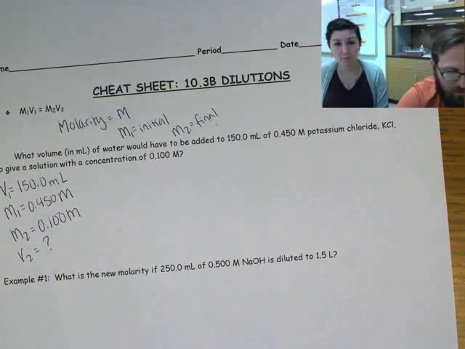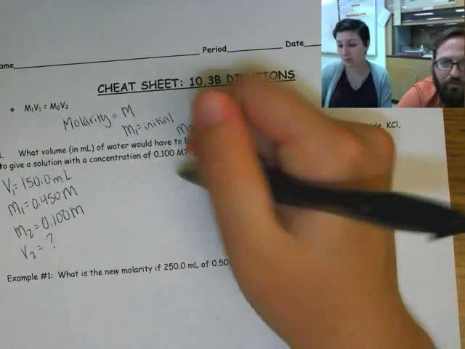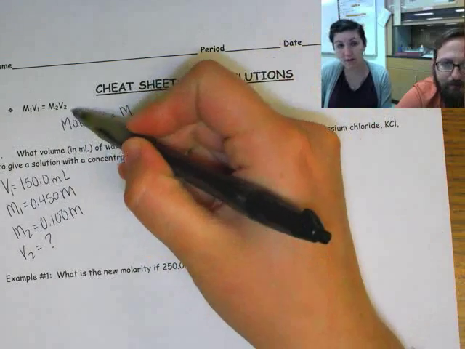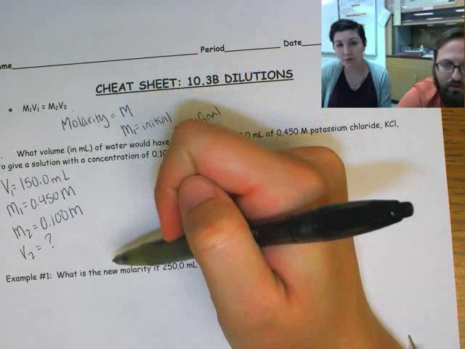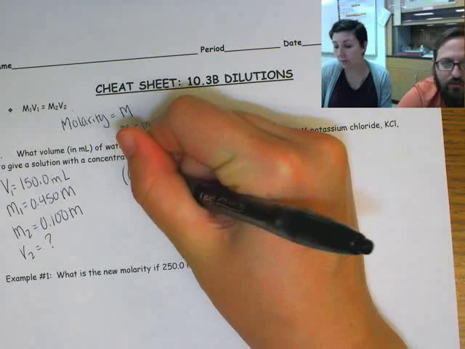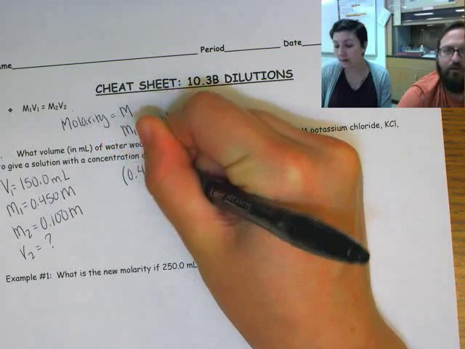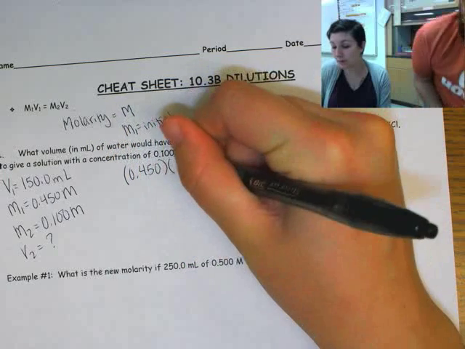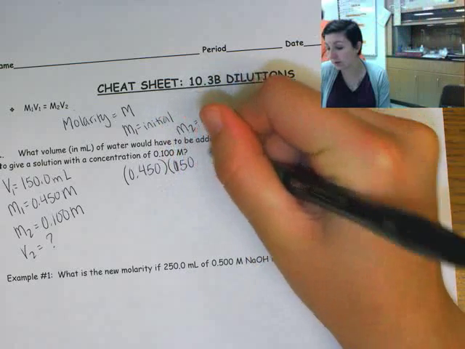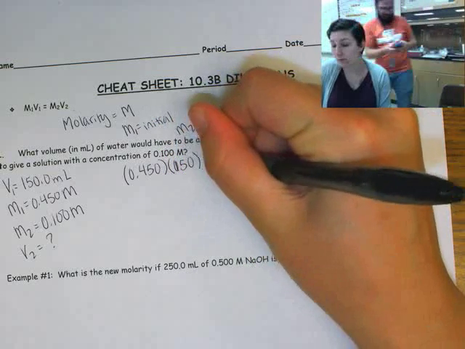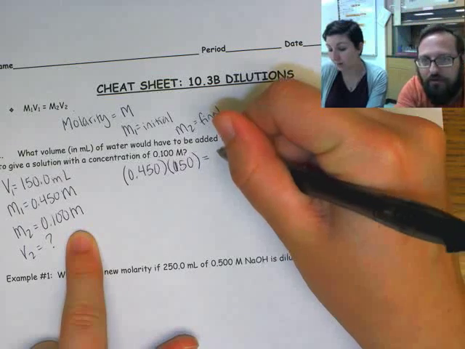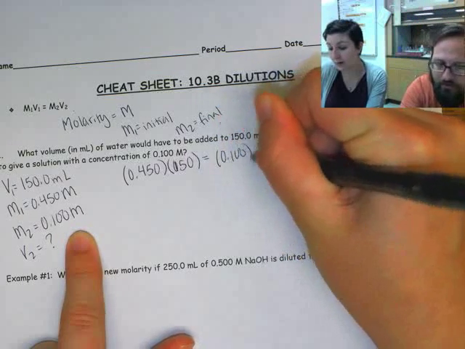Once we've got our knowns, we just plug everything into the formula. That's M1V1 equals M2V2. So I'm going to plug in my M1, 0.45, times my V1, 150 milliliters, is equal to my M2, 0.100, times V2.